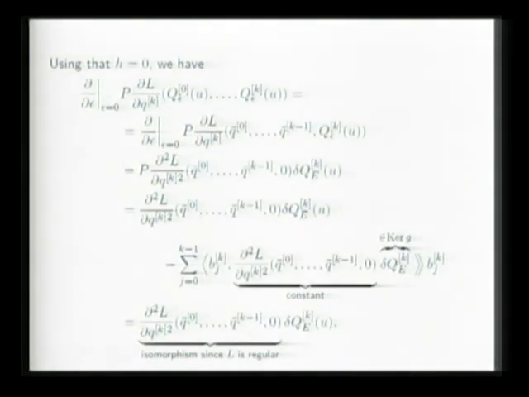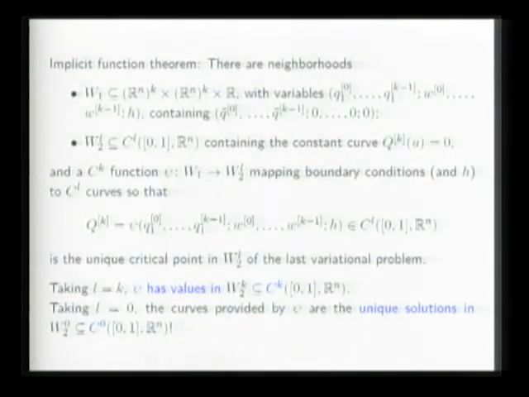You have 0 here because Q at epsilon equal to 0 was 0. And this is an isomorphism because this Hessian matrix here was regular by hypothesis. So that's your derivative, which is a linear isomorphism, and you can use the implicit function theorem.